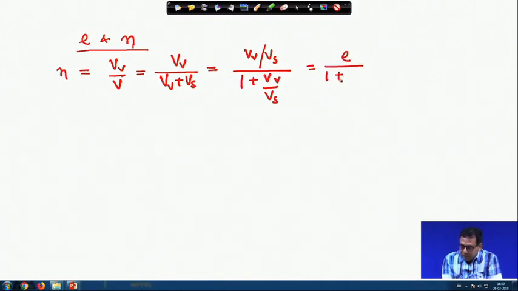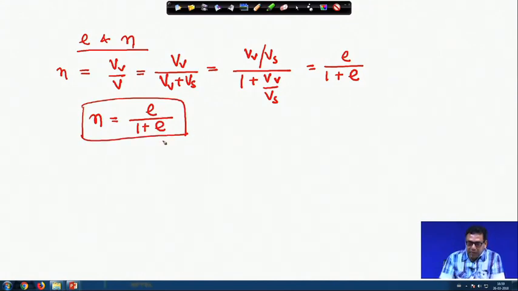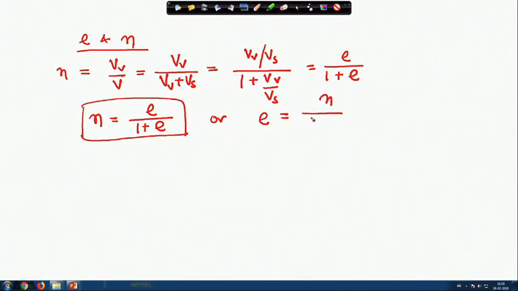So, this is equal to 1 plus e. So, porosity is equal to void ratio divided by 1 plus void ratio. Or another way we can write is e equal to n divided by 1 minus n. So, that also we can write.